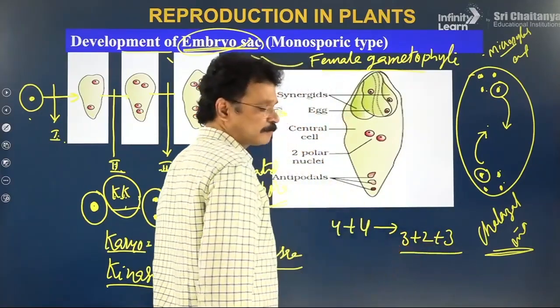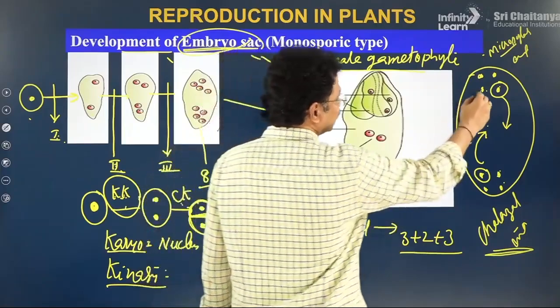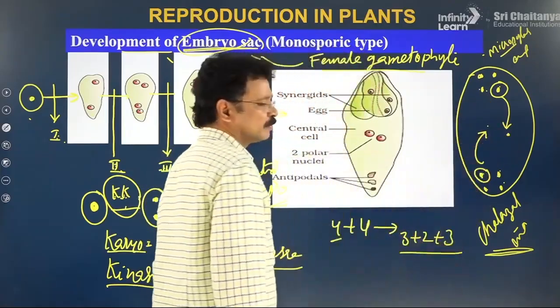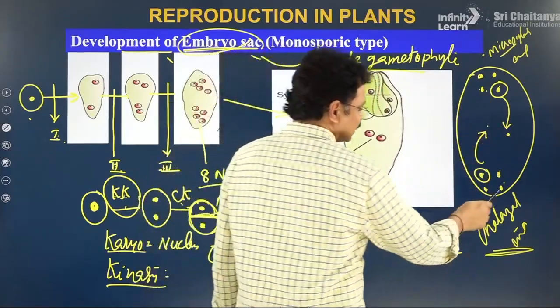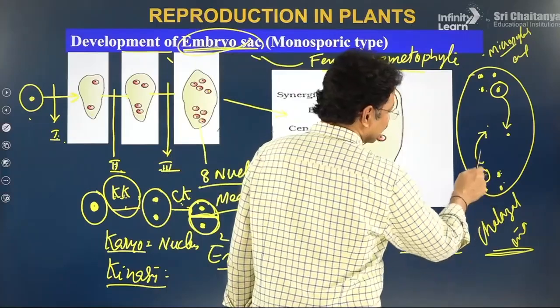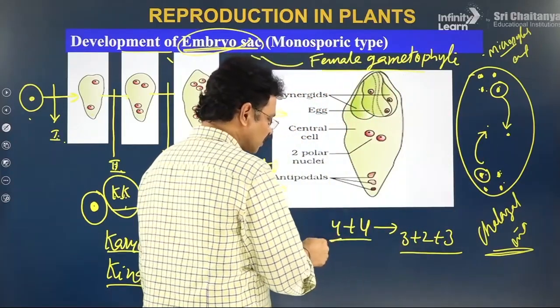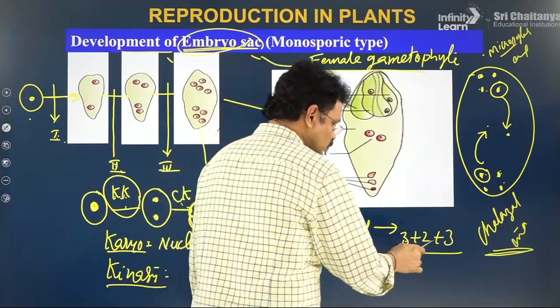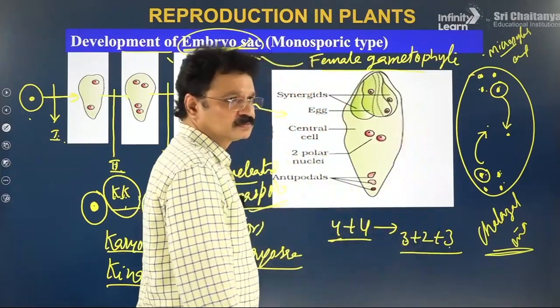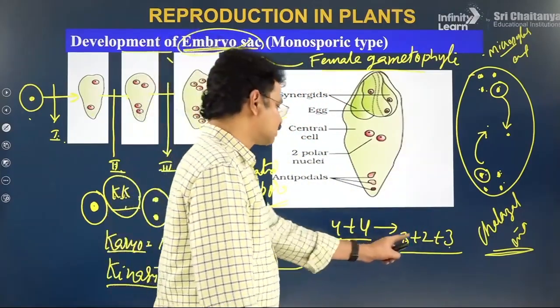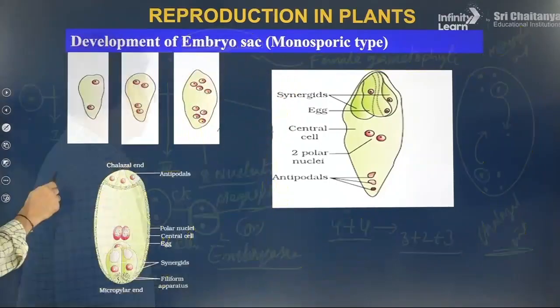Out of 4, one migrated towards the equator from the pole. In the second pole also, out of 4, one migrates towards the equator area. Then the 4 plus 4 arrangement of nuclei becomes a 3 plus 2 plus 3 arrangement.